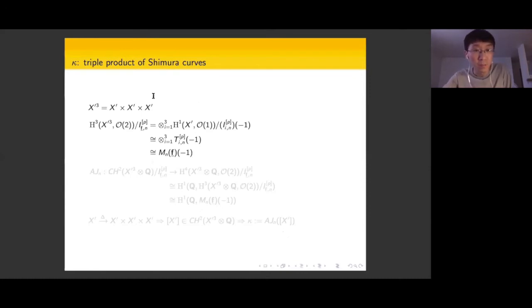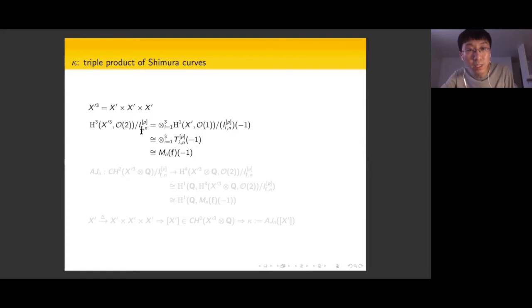Okay. Now I look at the triple tensor product. Since I'm going to study the triple tensor product Selmer group, it's natural to consider the triple product of these Shimura curves, and I take the middle degree cohomology of the threefold twisted by 2, modulo this triple of ideals. Then by Künneth formula, the only term surviving in this middle degree cohomology is the H1 term.